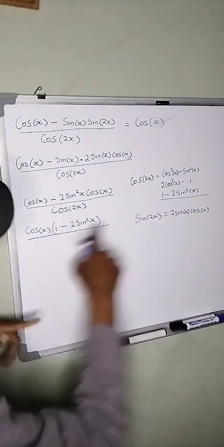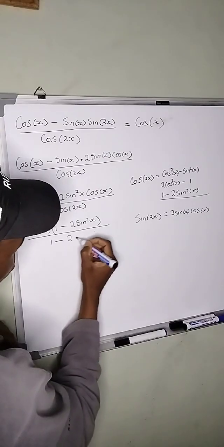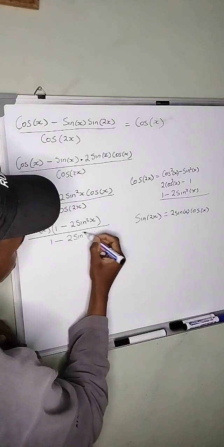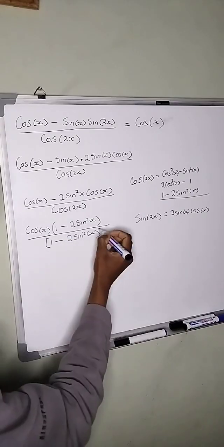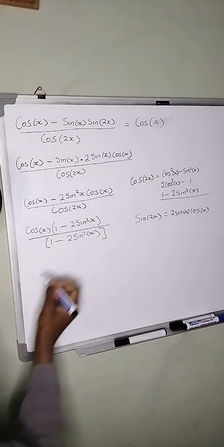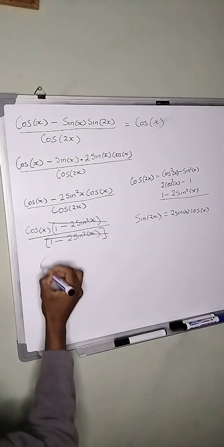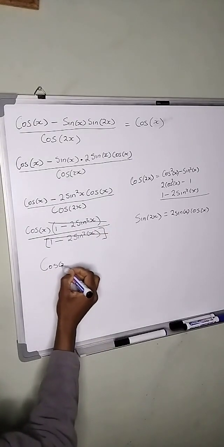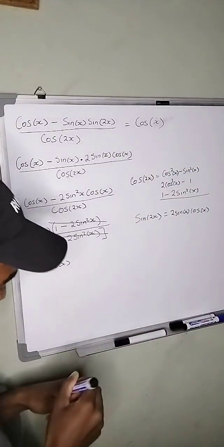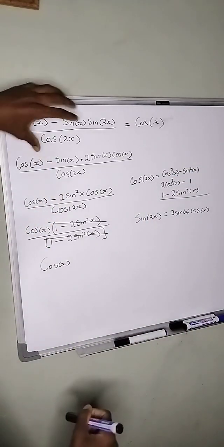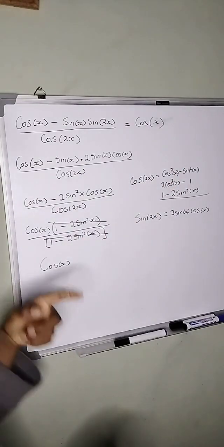So now I'm going to change this into 1 minus 2 sine squared x. Then these 2 will simply cancel each other out. I'm left with cos x, right? I've proven my identity: the left hand side is equal to the right hand side. Here it is, the right hand side.